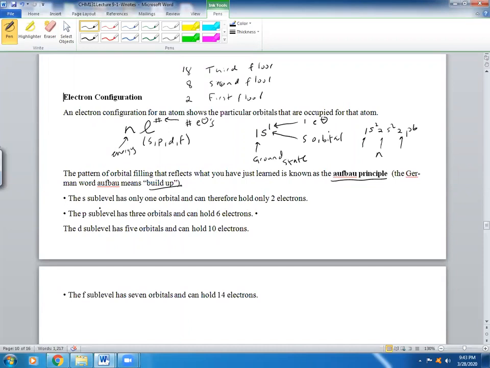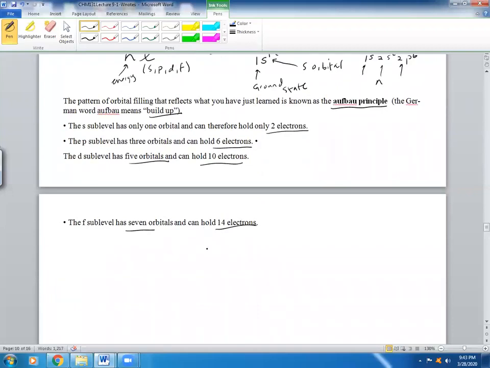The s sublevel or subshell has only 1 orbital and can therefore hold only 2 electrons. The p sublevel has 3 orbitals and can hold 6 electrons. As we said before, d can take 10 because you have 5 orbitals, and then f can take 14 because you have 7. We already talked about this.